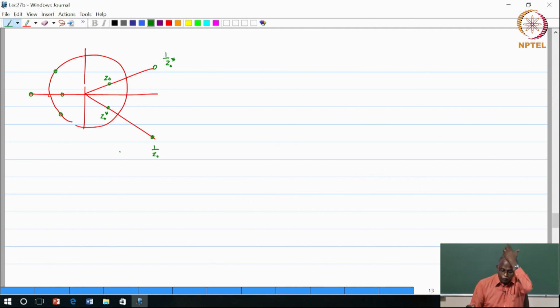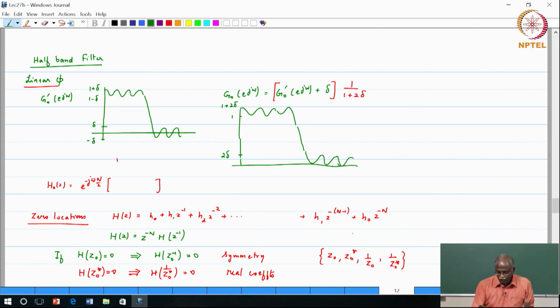Now, when I take a linear phase filter of this type, that is what it will have. When I shift it up to get it to this form, two things happen.